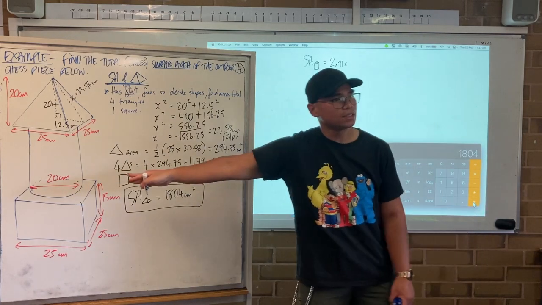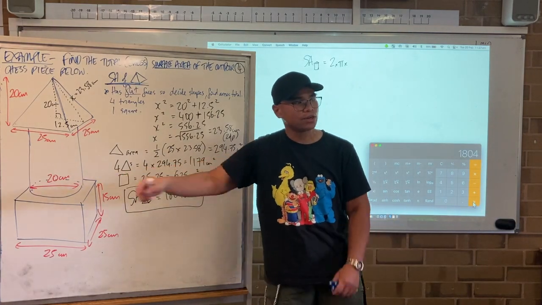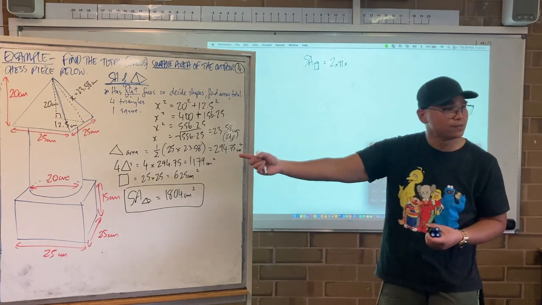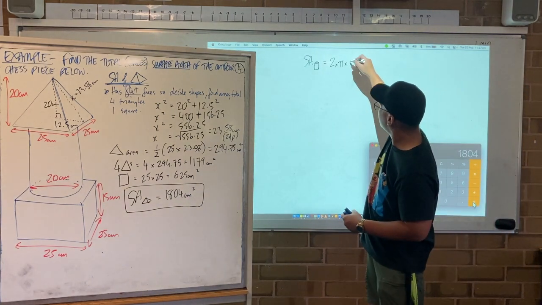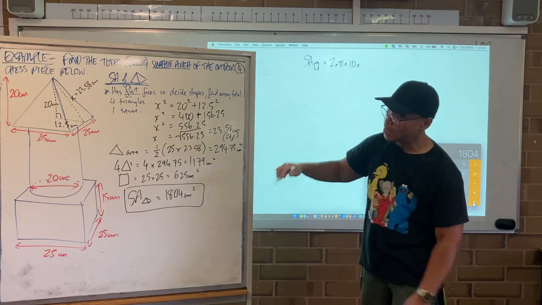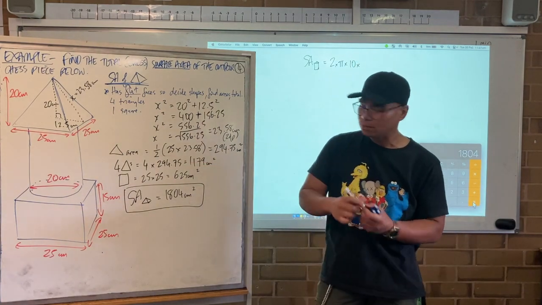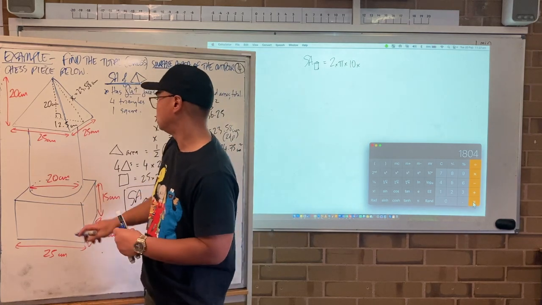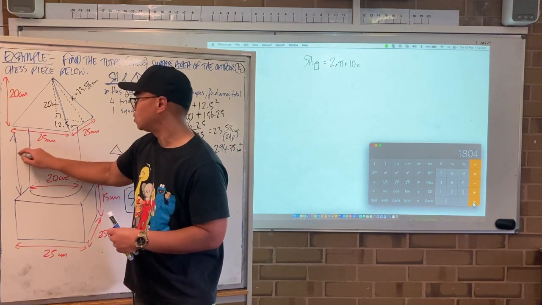What's the radius of that cylinder? Is it given to me or do I just know how far it is across? I know the diameter, I need to halve it, so the radius is going to be 10. 2 pi r h, how tall is that? I didn't tell you. Let me make that up. Let's say it's 30 centimeters tall.